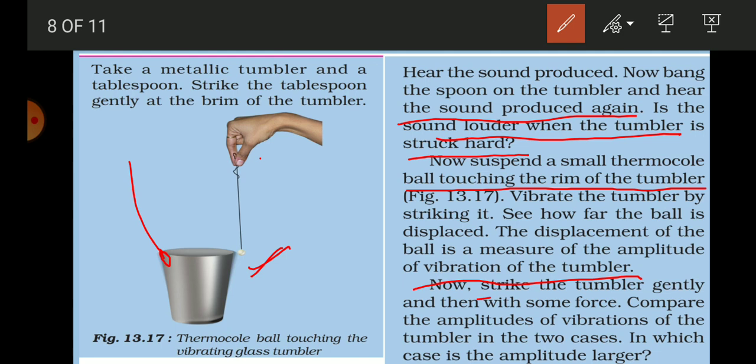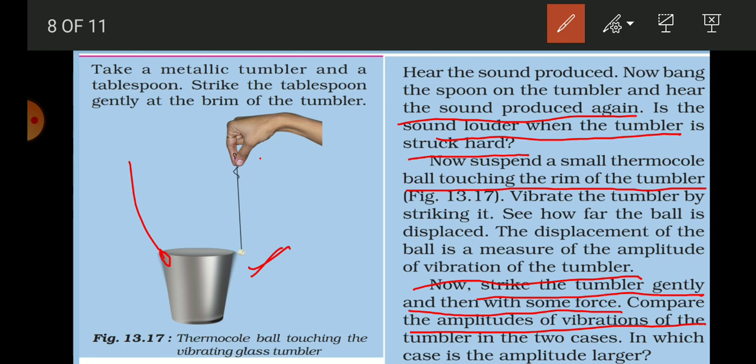Now strike the tumbler gently and then with more force, and compare the amplitude of vibration of the tumbler in the two cases. In which case is the amplitude larger? You will see that when the glass tumbler is struck hard with a spoon, the thermocol ball shifts from its position much more.